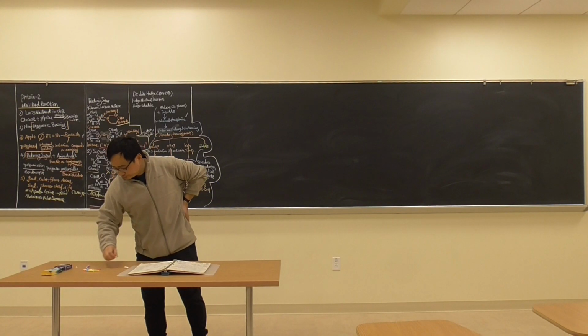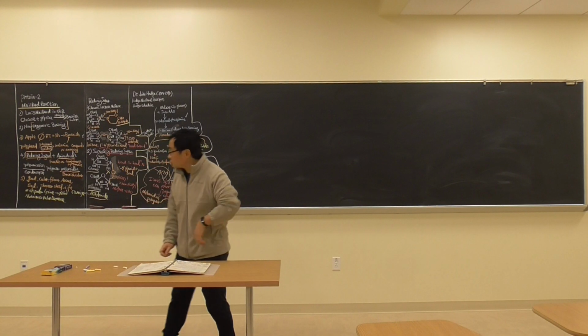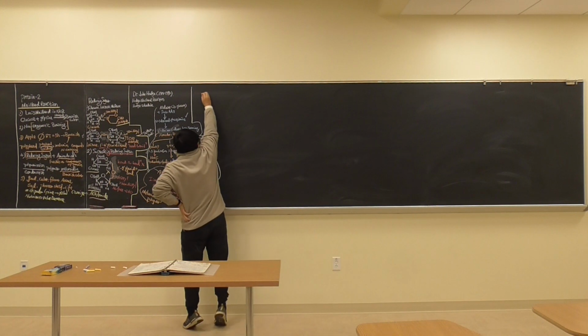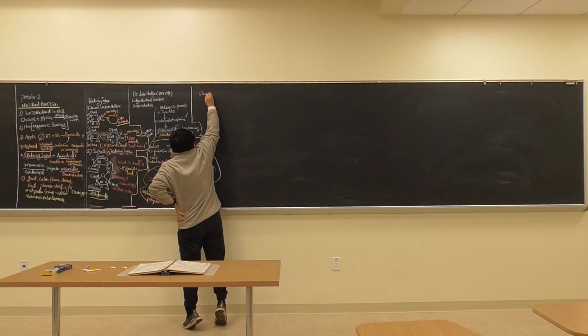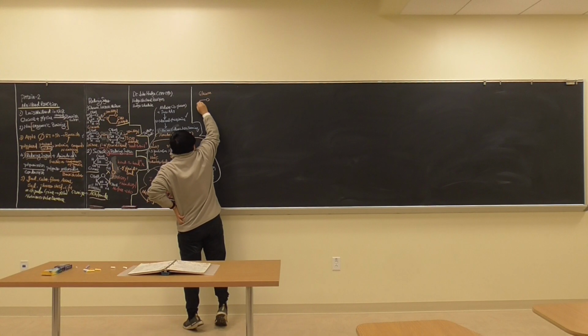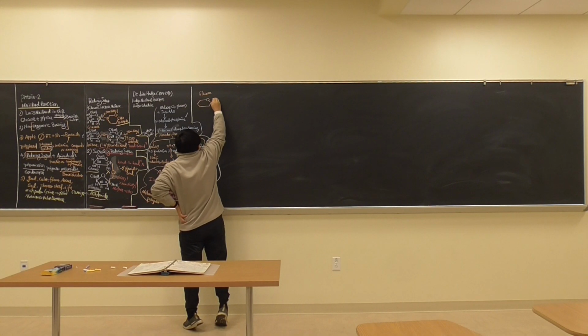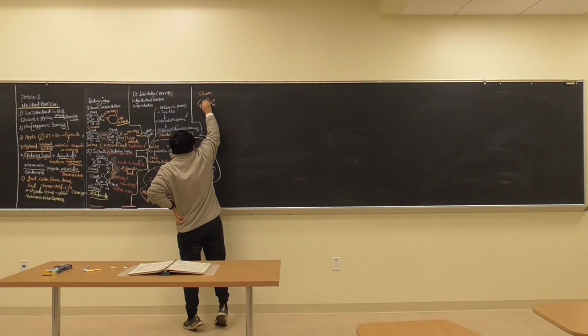So first of all, we still go back to glucose. Okay, we have glucose. The glucose looks like this. Now we know the ring. Six carbon ring, we draw all the time.